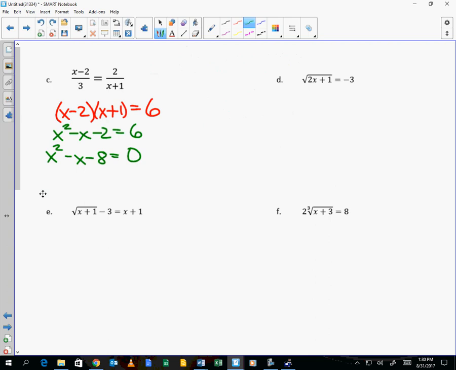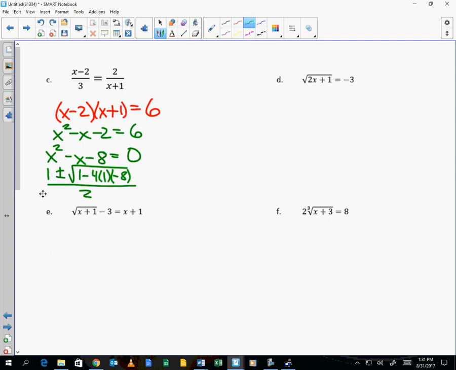So here we have it. Quadratic formula. I'm going to make use of that. Some of you think it takes a long time. It really doesn't. Negative b, which is positive 1, plus minus square root of 1 minus 4. A is 1 and c is negative 8. So once you write it out, the only thing that really takes a little bit of time and thought is the value of the discriminant.